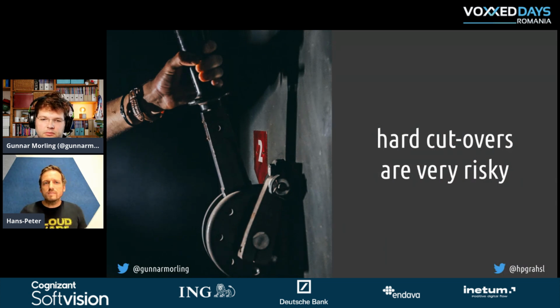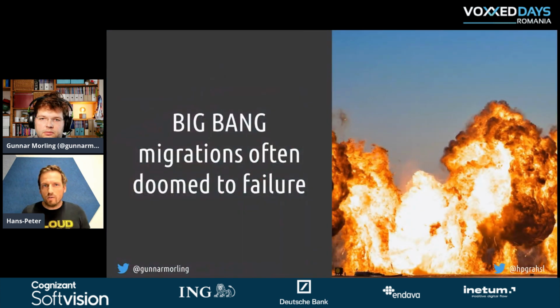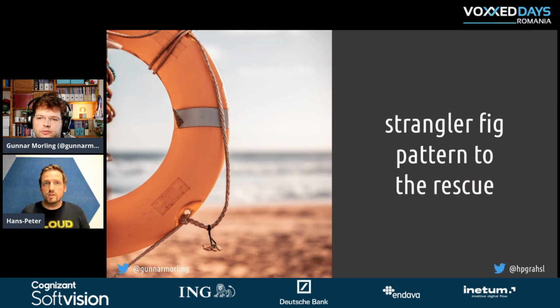The reason being that so-called Big Bang migrations are not only costly, they are literally very, very risky, and are oftentimes even doomed to failure. This is exactly where the Strangler fig pattern comes to the rescue that we want to discuss with you today. It should help us act differently and hopefully do a better job when we try to migrate, for instance, from one application architecture to a totally different one.